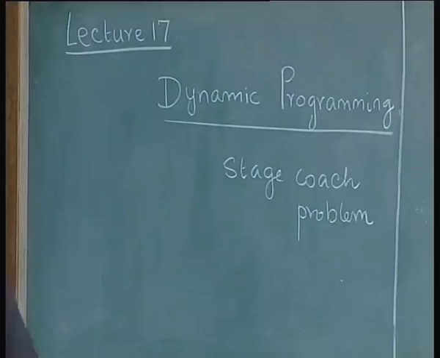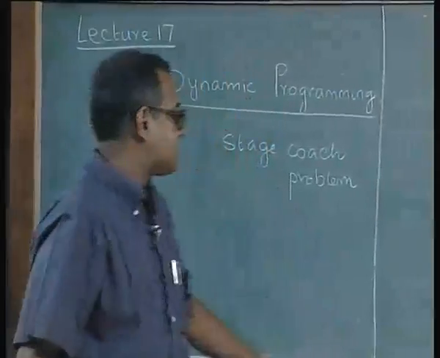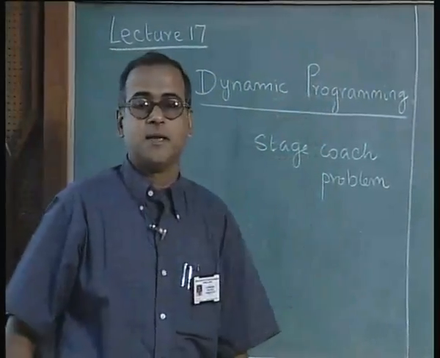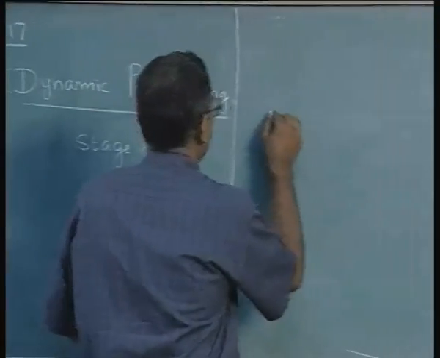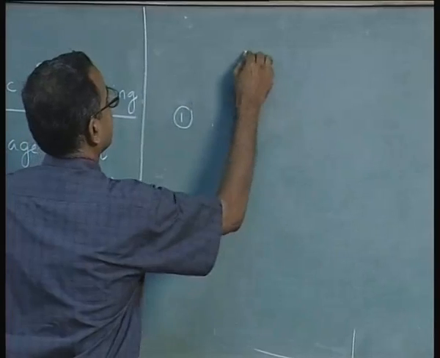the problem of finding the shortest distance from a given source to a given destination, which is nothing but the shortest path problem. So we take a Stagecoach problem which is like this.